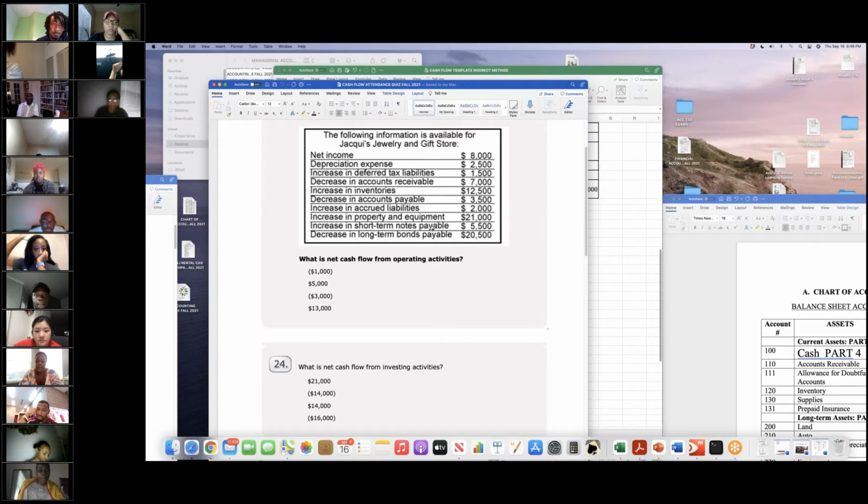So that might throw you off a little bit. Most times we've just been using it as long term. It says short term, so because it says short term, you show it as a short term liability. Okay, I could do that.